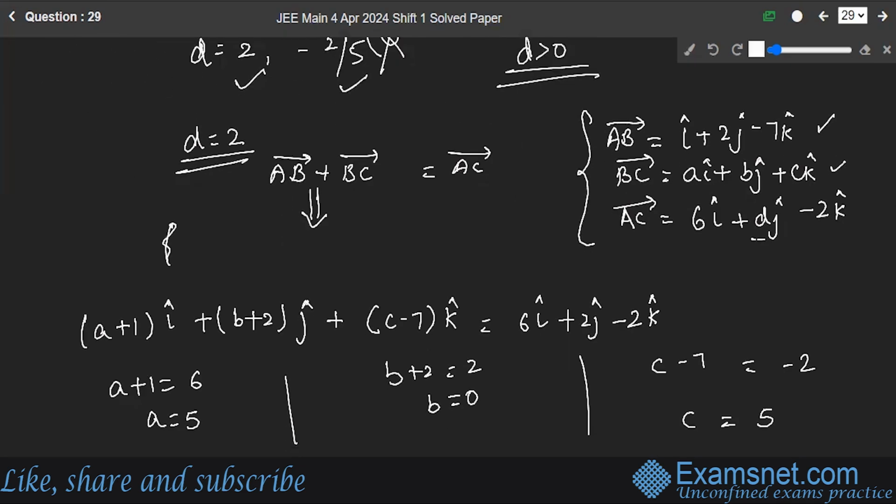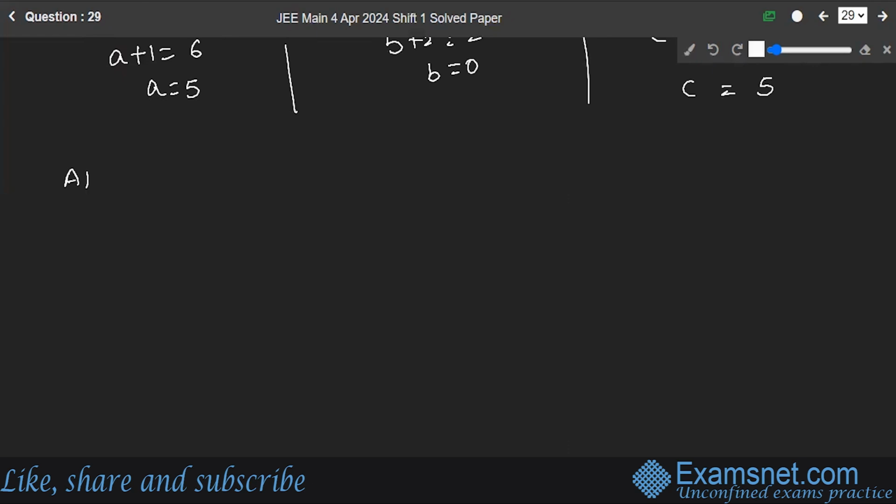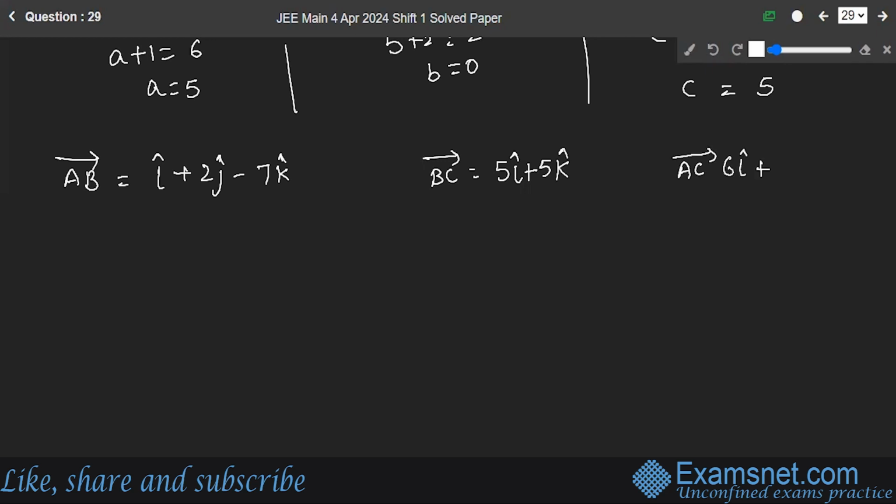This was your AB. Again, let's write down what was your AB vector. It was i plus 2j minus 7k, BC was 5i plus 5k, AC was 6i plus 2j minus 2k. So these are the three vectors. Let's find out the magnitude of all these vectors.